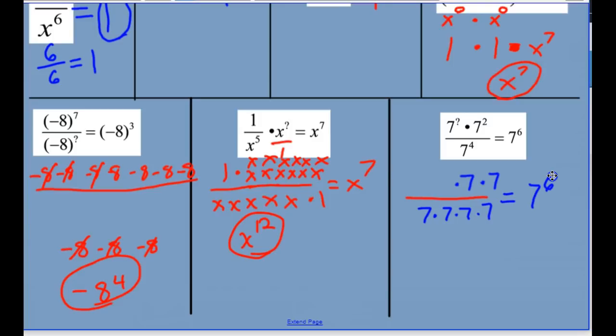So we know that we can cross off 2 of our 7s. So now what we need to do is find something minus 2 7s that will give us 7 to the 6th. So what minus 2 will give us 6? We know that 8 minus 2 will give us 6. So we're going to draw 8 7s.